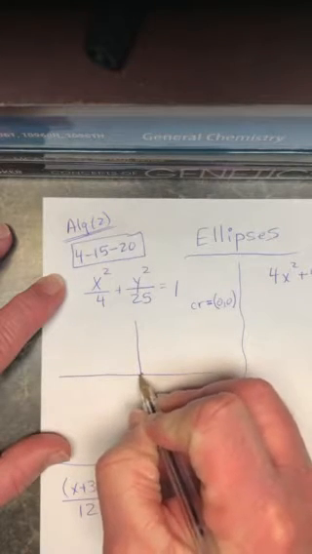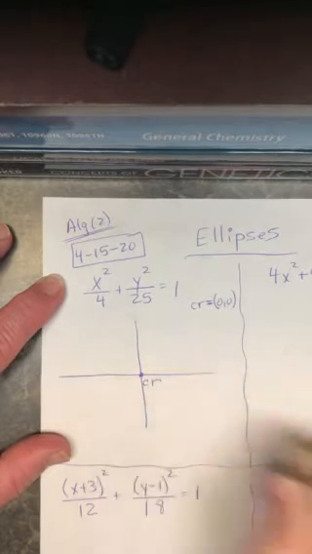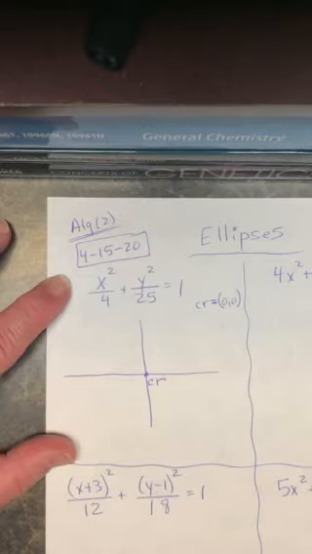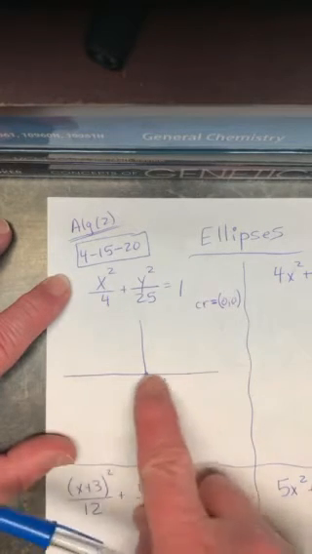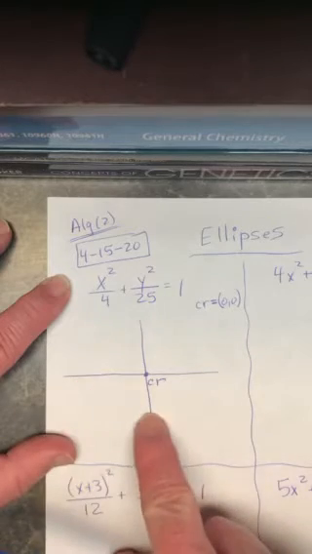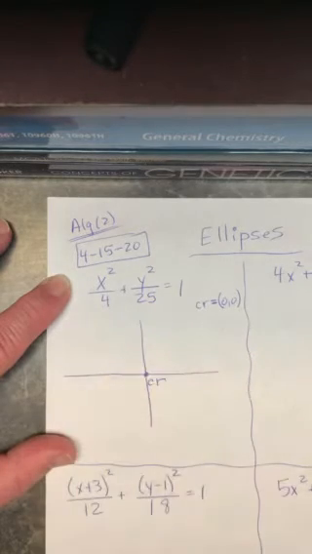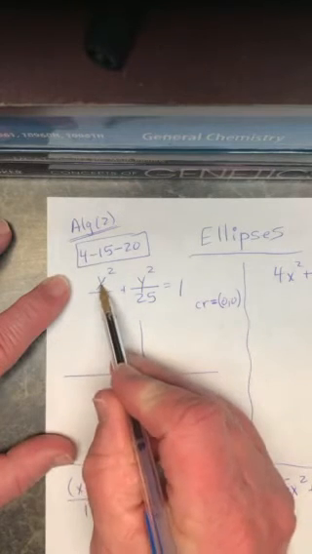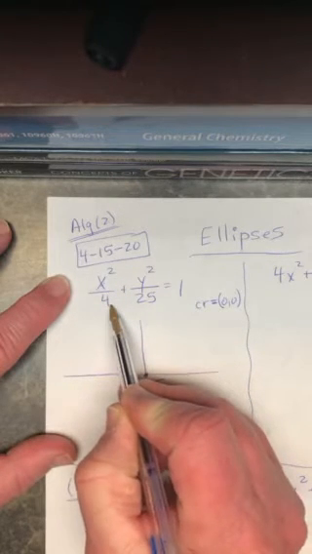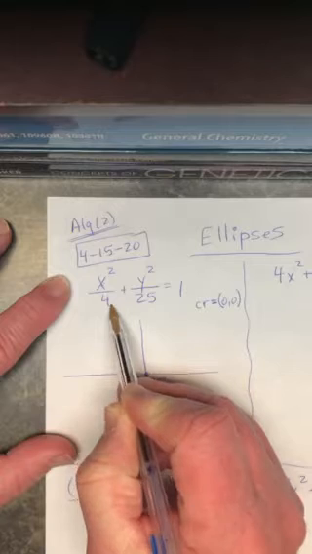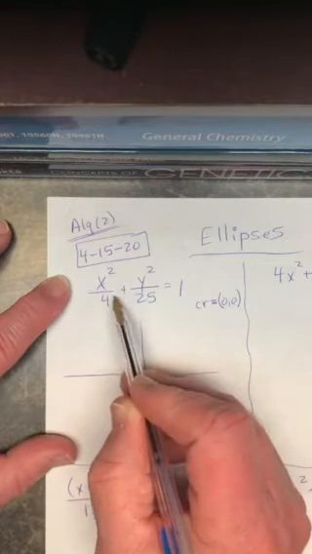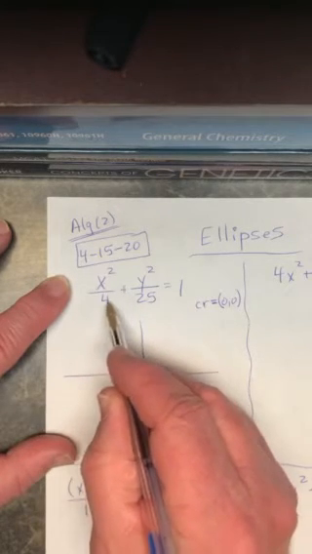So let's put a dot on the origin and put a little C there for center. And now here's all you've got to do. If this was a circle, you'd have a perfect radius the same distance in each direction, remember? Well, here's all we've got to do on an ellipse. Since the x squared has a 4 under it, the square root of 4, because you're thinking, what number would I square to get 4?